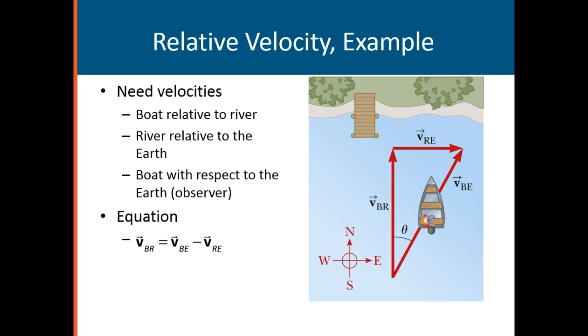So just based on what we just read, a boat in this figure, there it is, heading due north, crosses a wide river. The boat has a velocity of 10 kilometers per hour relative to the water. So this is the velocity of the boat relative to the water, and that's this one right here. Instead of water it says river. Boat relative to river.